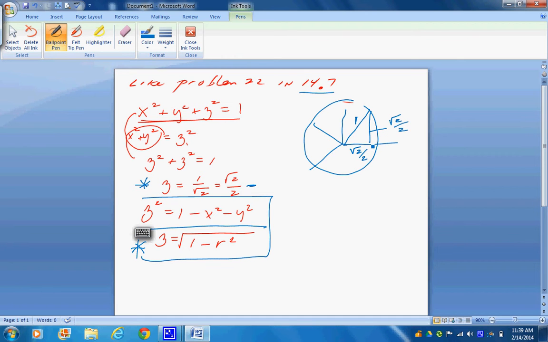And because of the particular triangle I have, a 45-degree triangle, the lower part of z is also going to be equal to that. So now I know where we're starting, with the cone going up to the top of the sphere, at a height of radical 2 over 2.